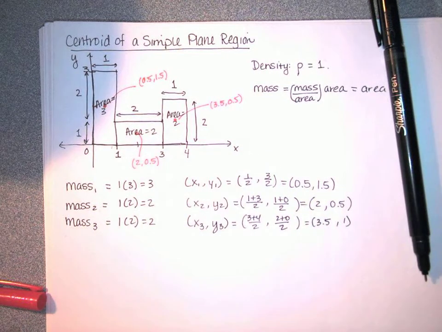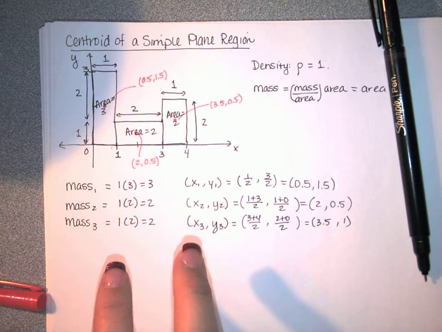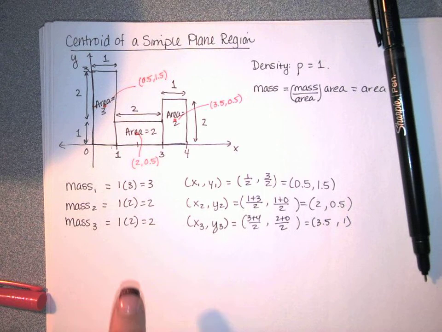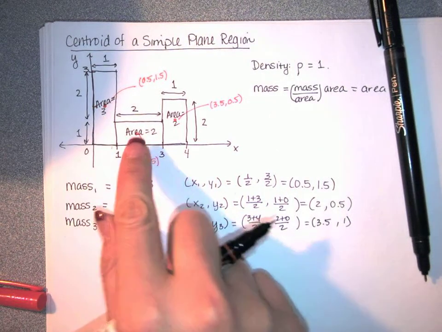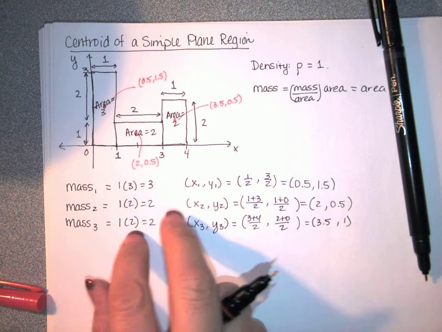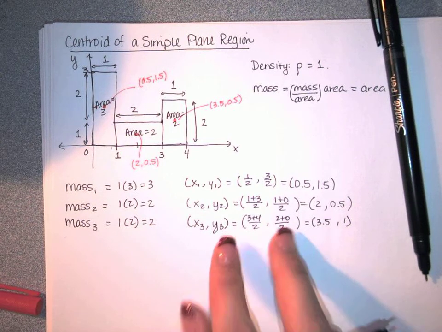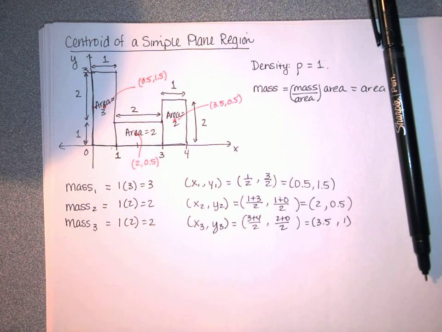And so this problem, which looks like the mass of a planar lamina problem with lots of different curves, it looks kind of complicated, is actually extraordinarily easy. I'm just going to find the center of mass of the system that would consist of 3 point masses located at this location, and this location with these masses. So it's just like one of our center of mass problems in 2D that we talked about earlier.